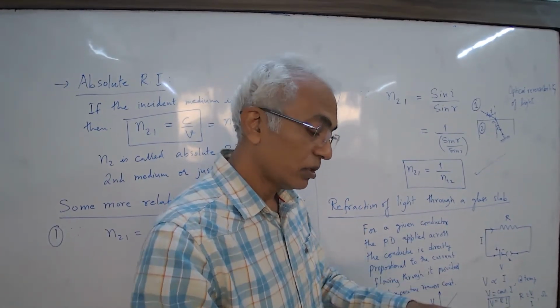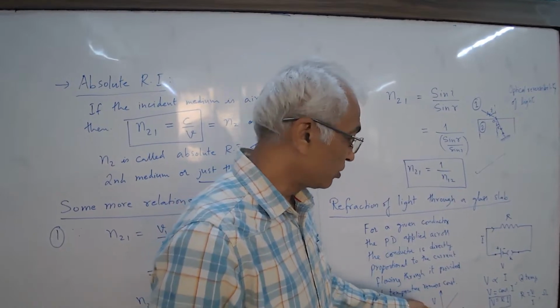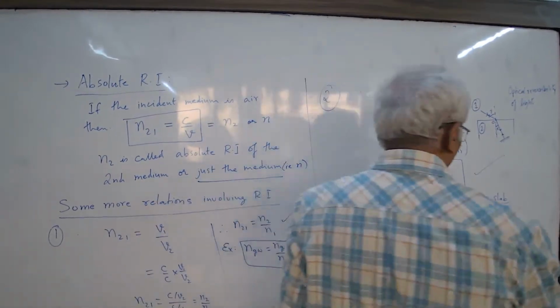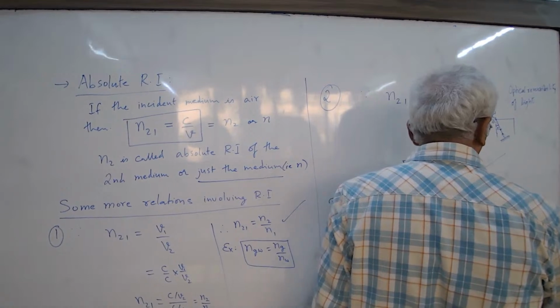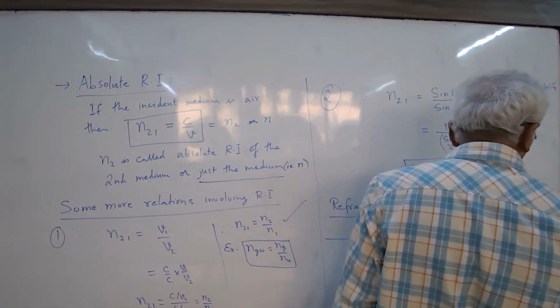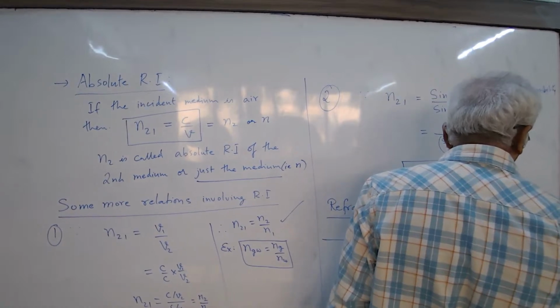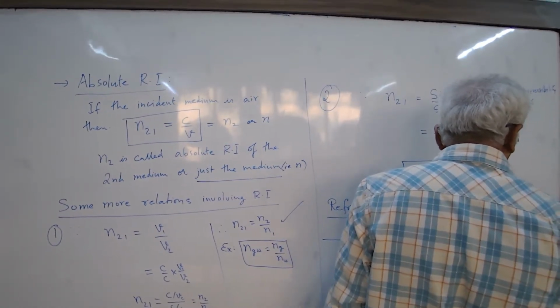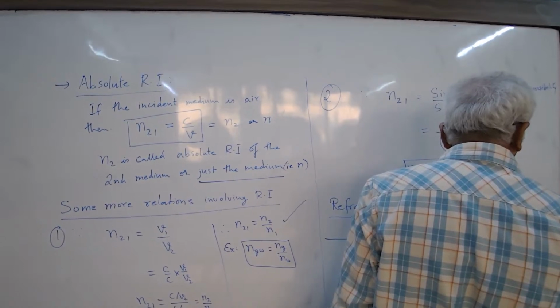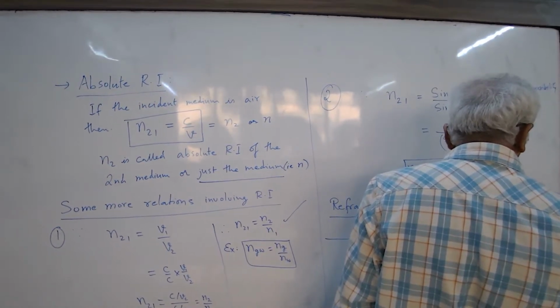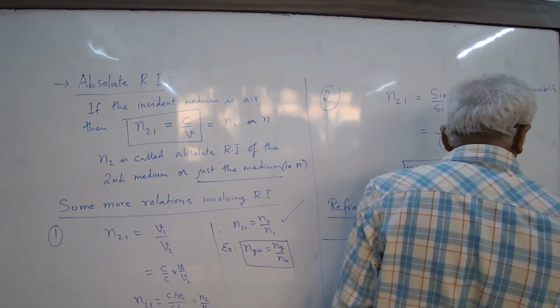So you take any wire in the experiment, you make the observation table. So what you will do? Here you will put a voltmeter, and here you will connect an ammeter. And here you will have some kind of rheostat.